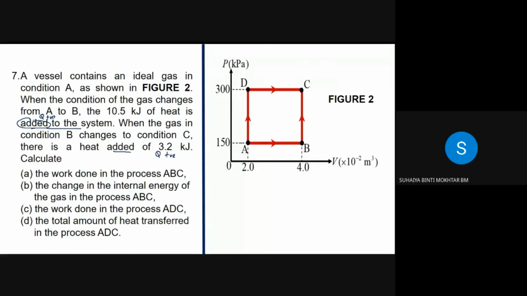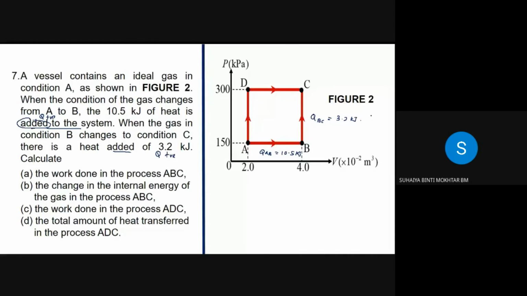Okay, so this one is process AB, QAB equals to positive 10.5 kilojoule. Okay, then process BC positive 3.2 kilojoule.